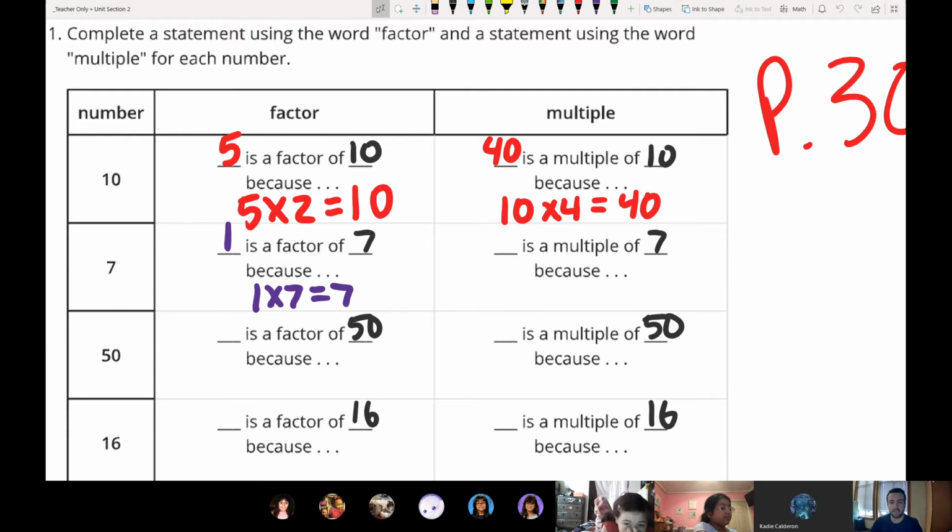Camila, what are you thinking? Blank is a multiple of 7 because... I was gonna say the one that Adelina said. Okay, for the factor. Okay, Malia, do you have a multiple statement that we could use?